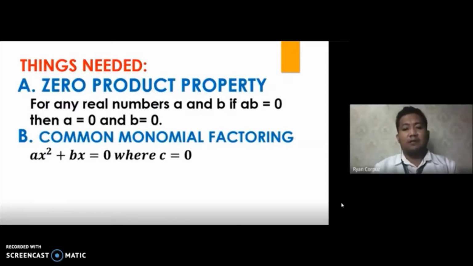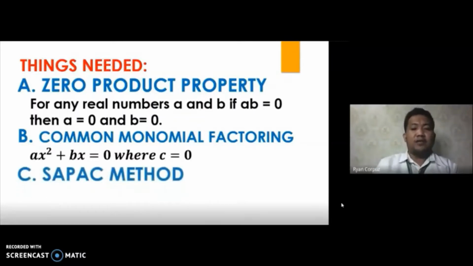So if that is the case, we can use factoring by using the common monomial factoring. You have already discussed that during your grade 8, but we are still going to recall it today for you to know how common monomial factoring is being used in solving quadratic equation by factoring.